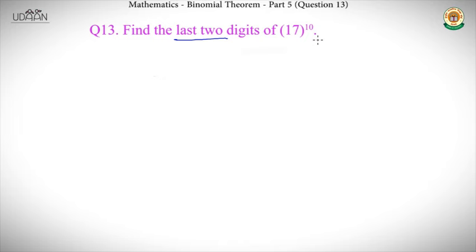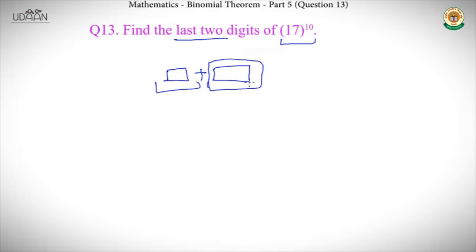If we need the last two digits, then if we write the expansion of this number as some number plus some other number, and if this number is a multiple of 100, it means the last two digits are going to come from the second term only.